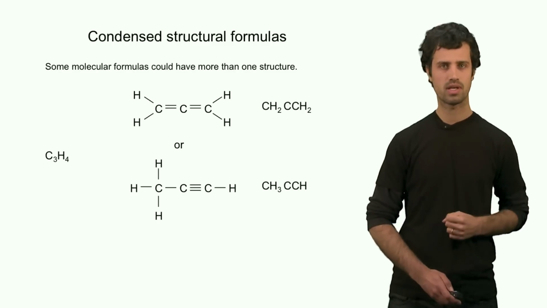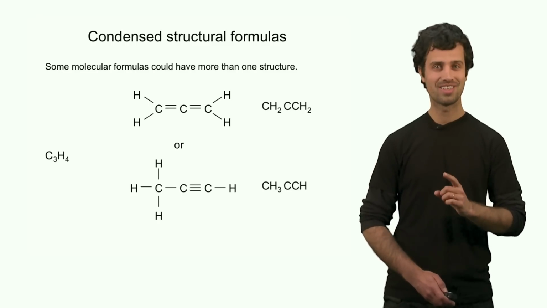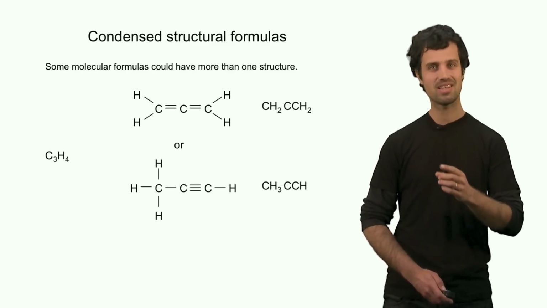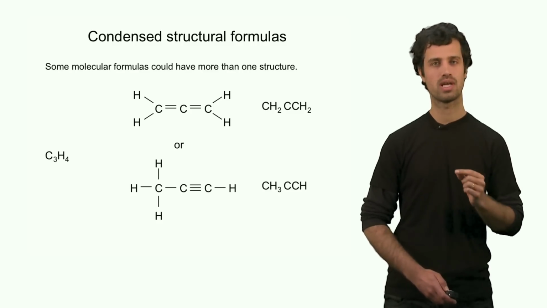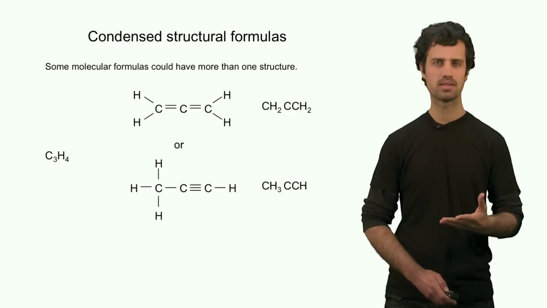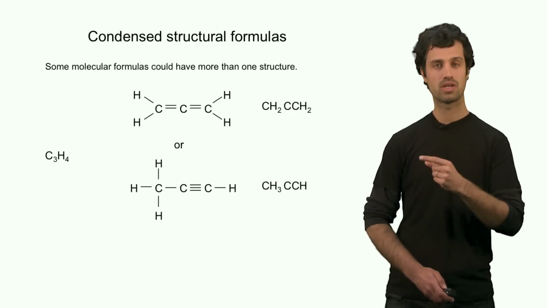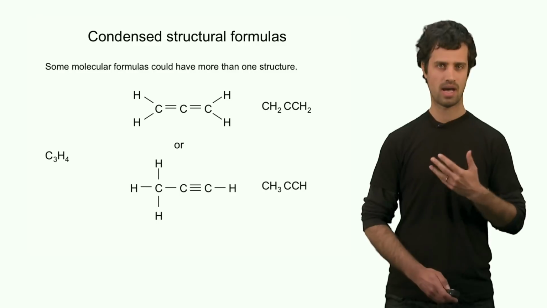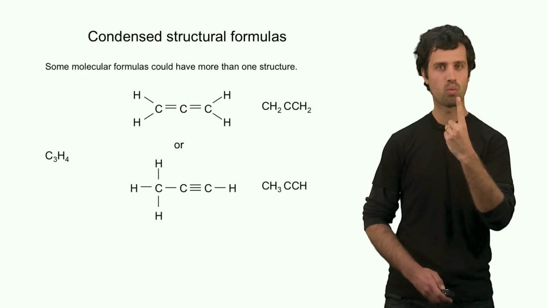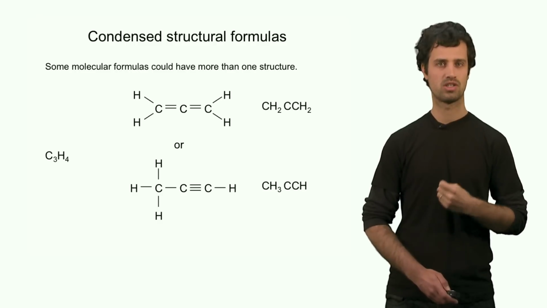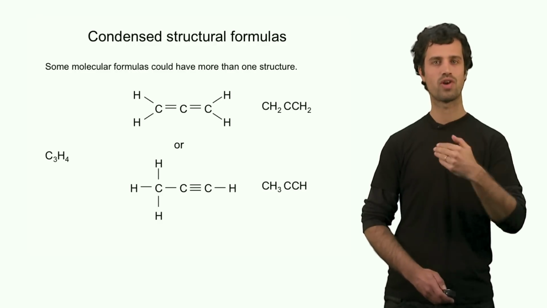In the second structure, for instance, the triple bond needs to be between the second and the third carbon atom and cannot be between the first and the second carbon atom. Why not? Because the first carbon atom is connected to 3 hydrogen atoms, which is 3 bonds already. It can only have 1 bond more. The triple bond, therefore, must be to the right of the second atom.